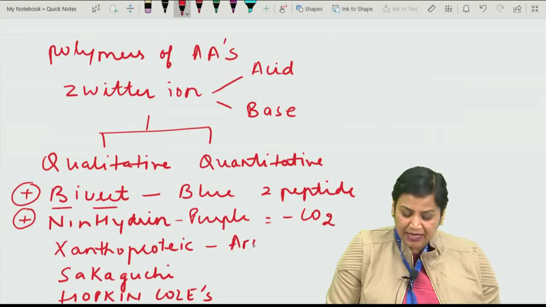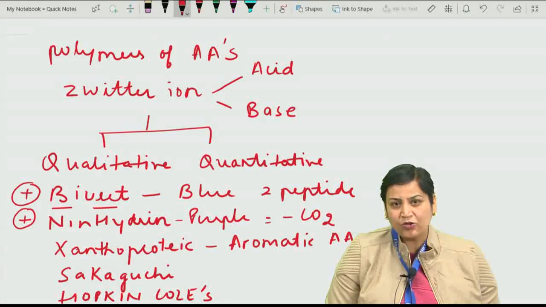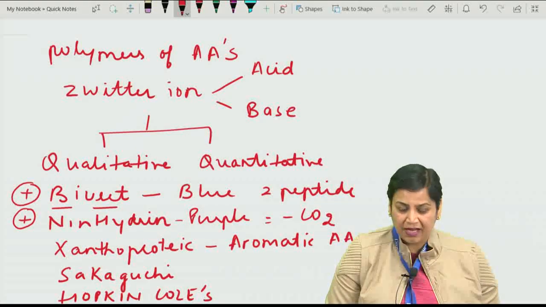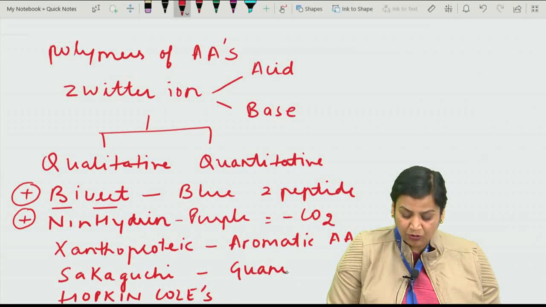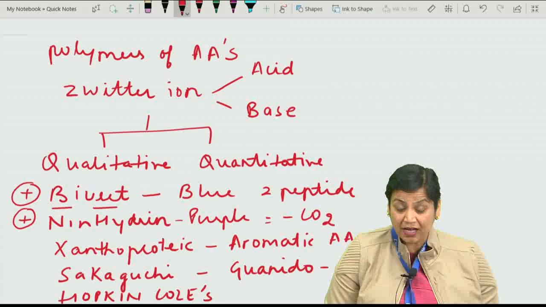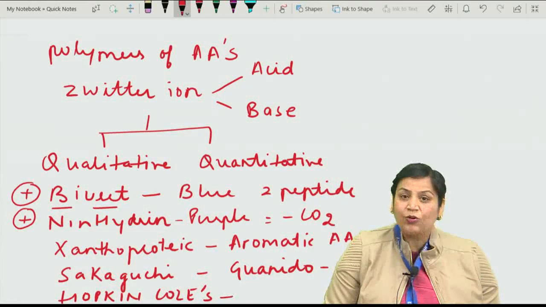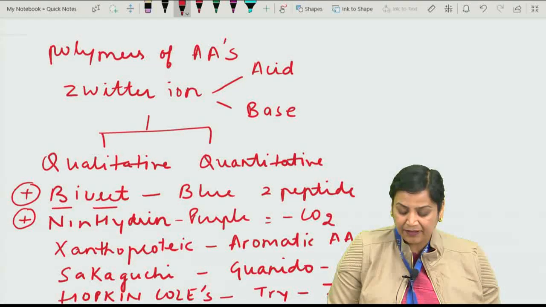Xanthoproteic test is for the aromatic amino acids, like phenylalanine, tyrosine, tryptophan. Sakaguchi test is basically for the guanido group, which is a characteristic feature of arginine. So arginine gives a positive Sakaguchi test. Hopkins-Colles test is for tryptophan, as tryptophan has an indole ring in it.